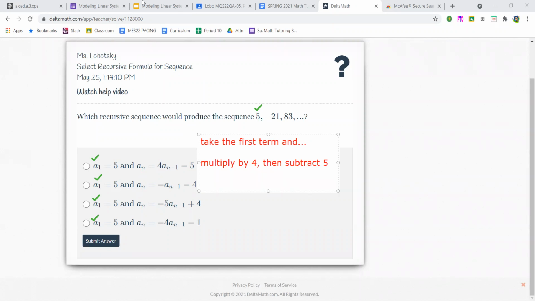The next one is going to be take the first term and make it negative, and subtract 4.